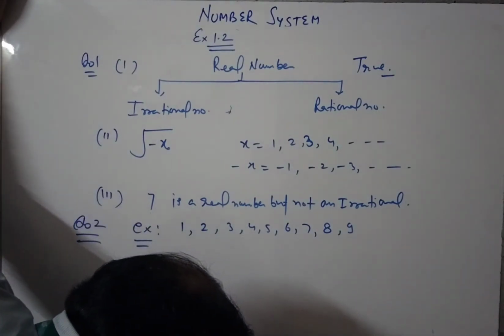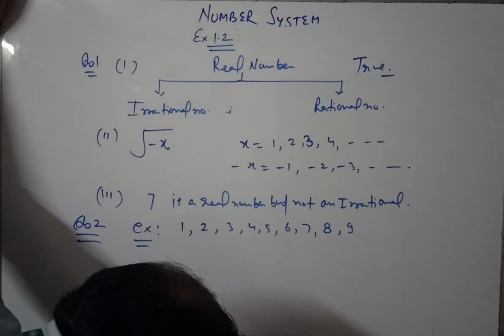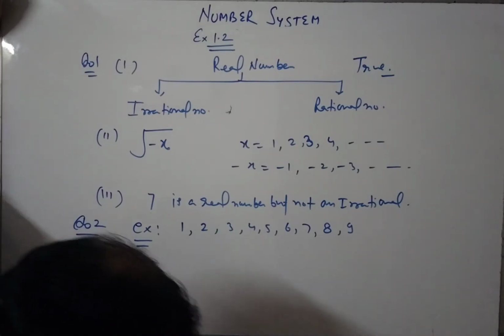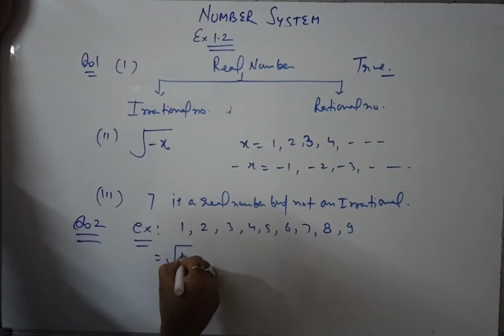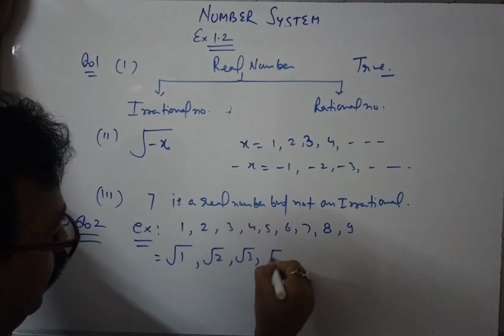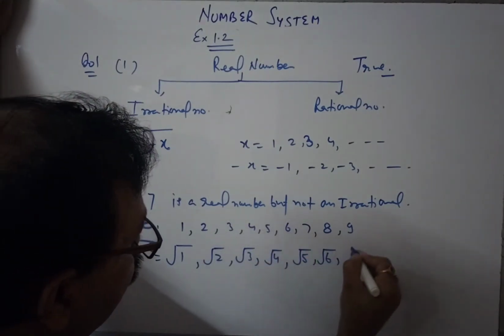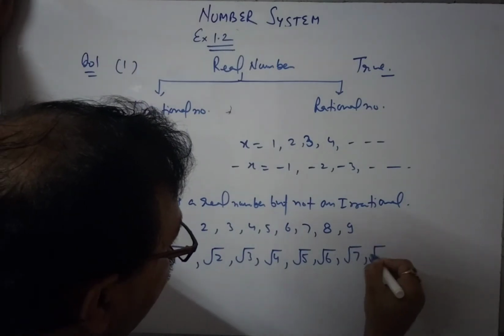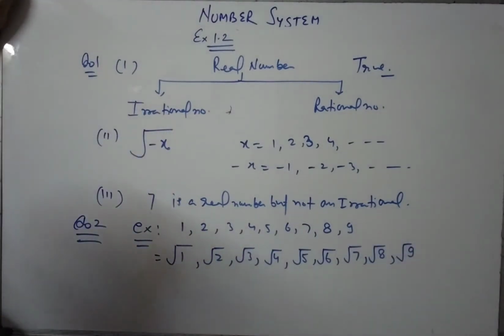So if you compare them with the statement provided in the question, finding the square root of each individually: 1, root 2, root 3, root 4, root 5, root 6, root 7, root 8 and root 9.